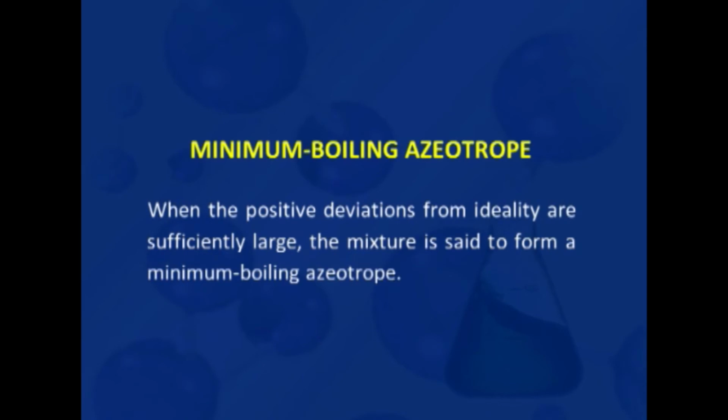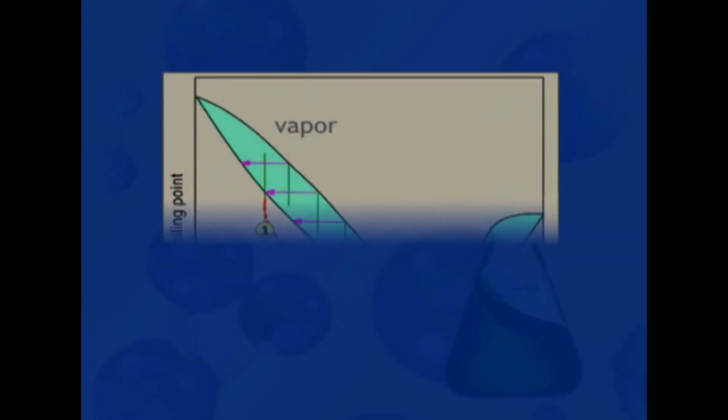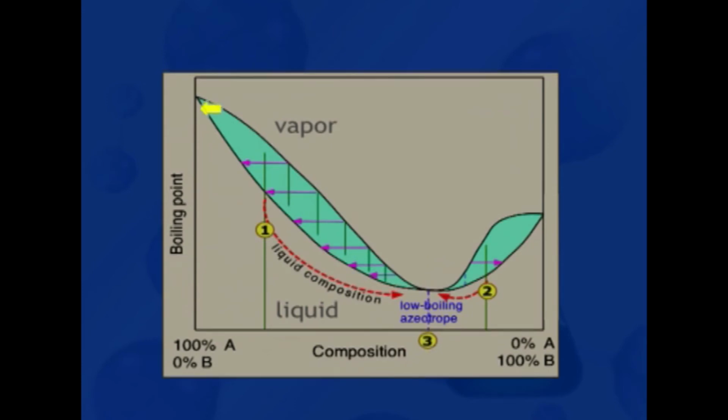When the positive deviations from ideality are sufficiently large, the mixture is said to form a minimum boiling azeotrope or minimum boiling azeotropic mixture. Here you can see the phase diagram for this type of azeotropic mixture. This figure shows the constant pressure phase diagram for a minimum boiling azeotropic mixture of carbon disulfide and acetone.